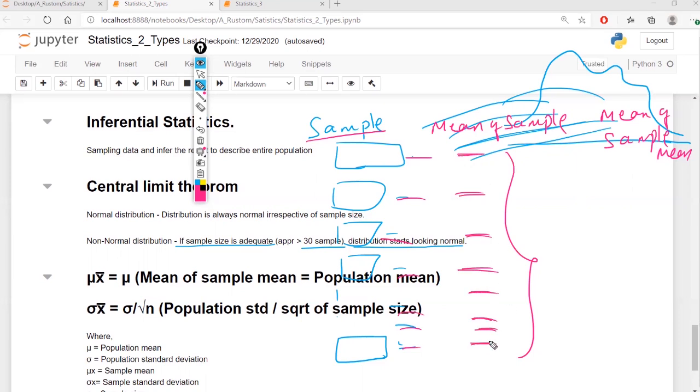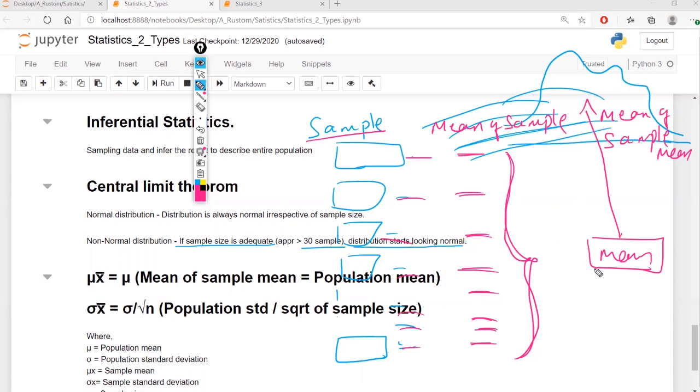I will get a mean of each sample. Again, if I take a mean of these sample means, I will get one mean, so that mean is basically the population mean.